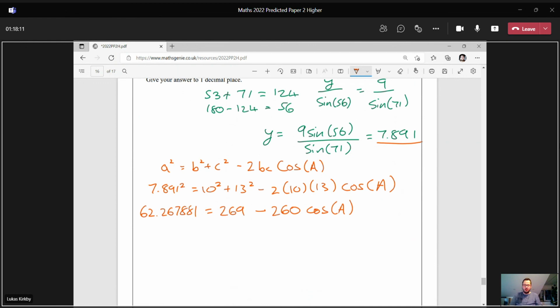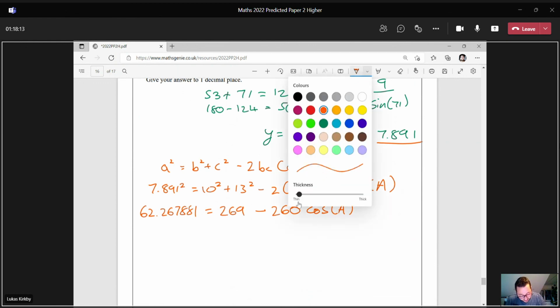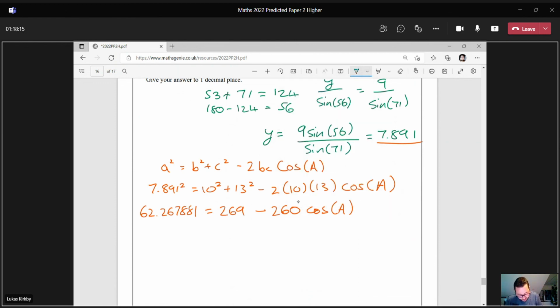So now, just so I get a nice positive number, we're going to add that to there, and at the same time take away that to there. So we end up with 260 cos of a is 269, take away this 62.267881, and that gives us 206.732119.